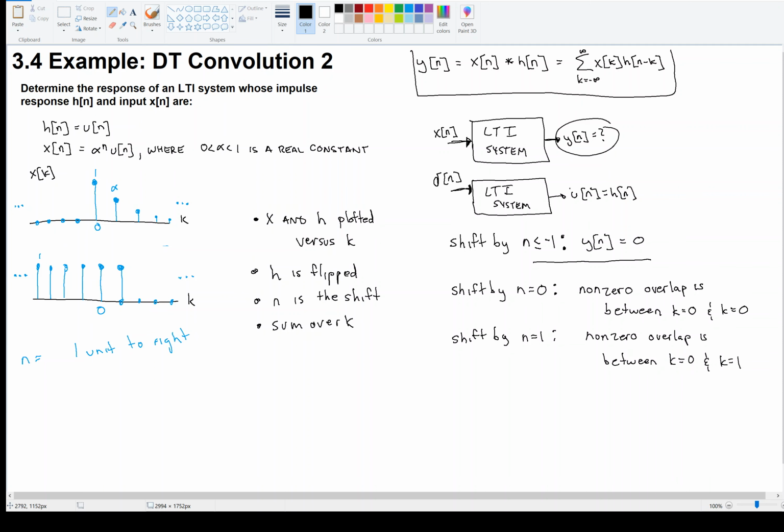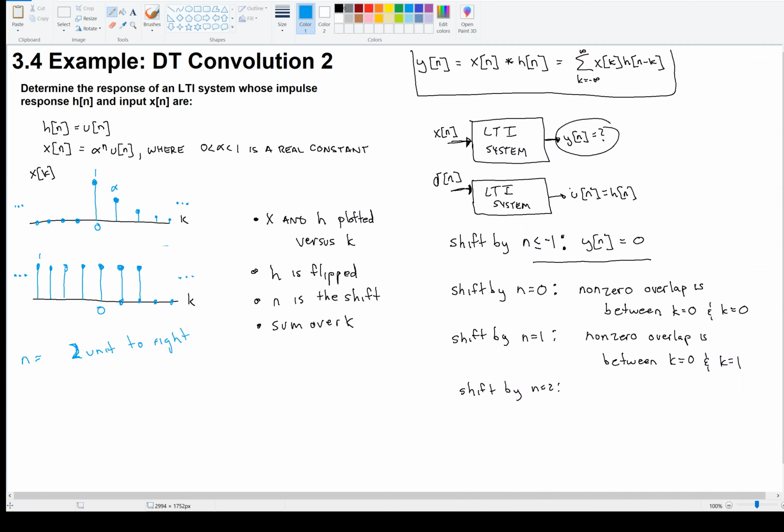Okay, and if I shift by 2, I think you're going to get the idea very soon if you haven't already. You're going to notice the pattern, hopefully. If I shift by 2 units, then that would put this leading edge right here.